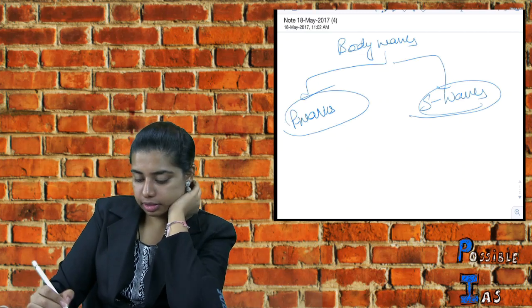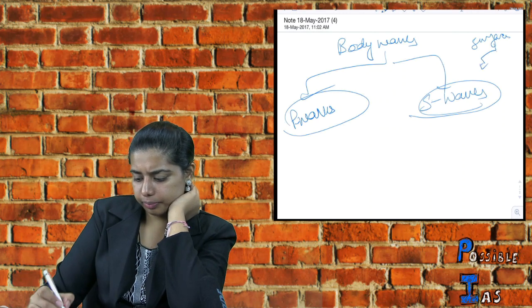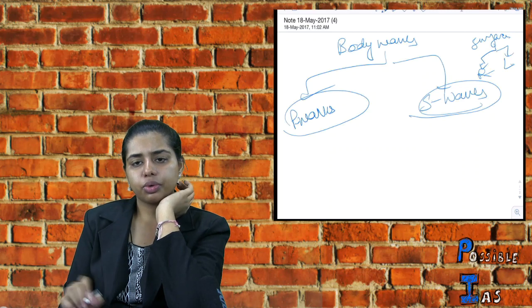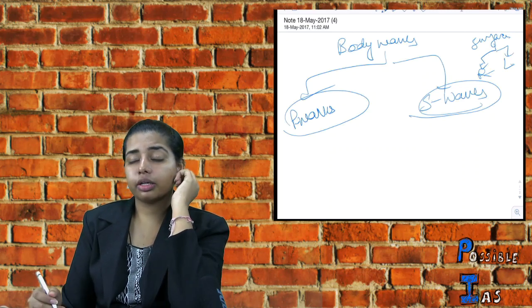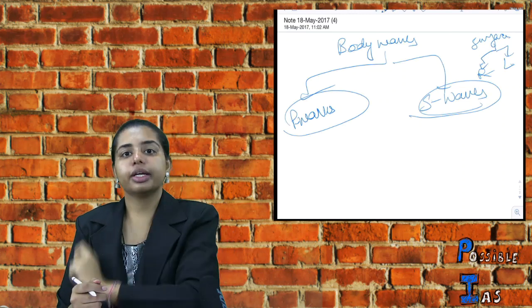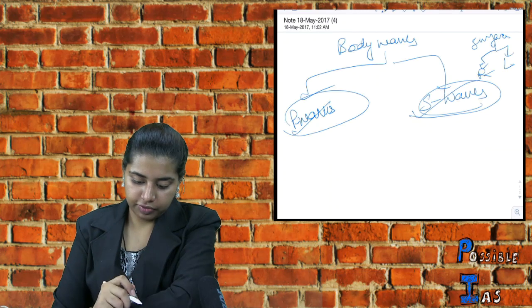Now next is the surface waves. They are R and L, Rayleigh and Love waves. Okay, but surface waves, first of all, their transmission is very complicated, and as far as structure and interior is concerned, we study the P waves and the S waves.